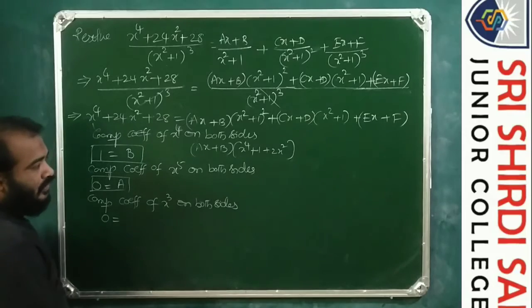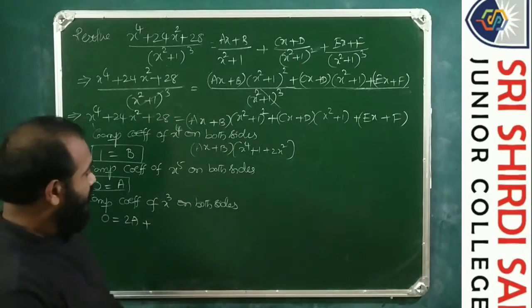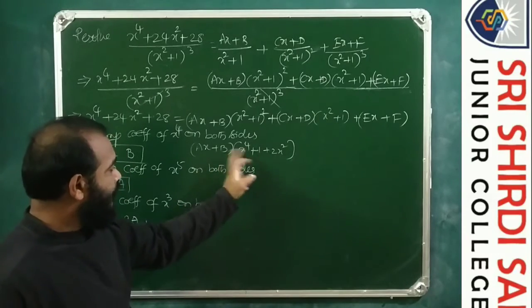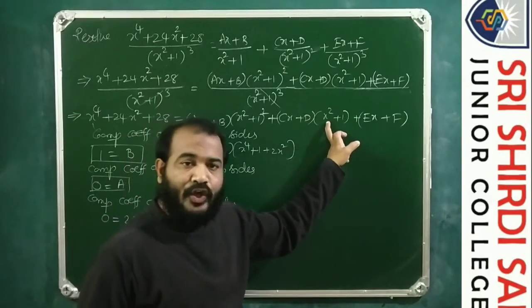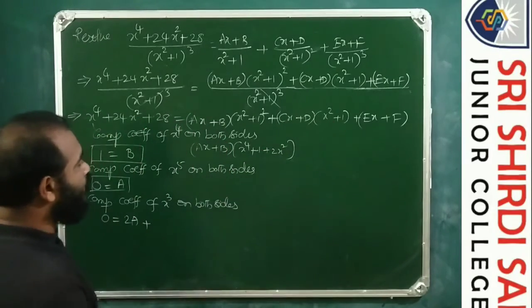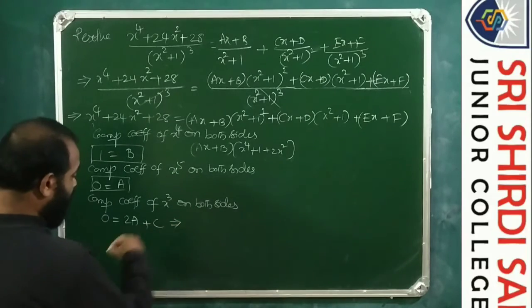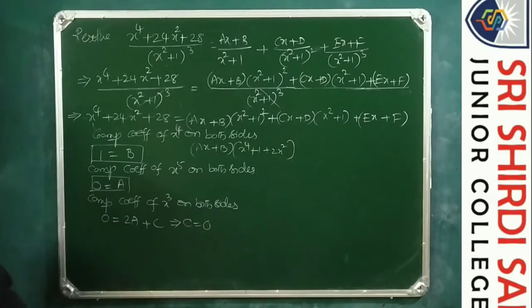The x cube coefficient is 2a plus, this is b into x power 4, b into 1, b into 2x square. cx into x square is cx cube. So the x cube coefficient is c. From this, c is equal to 0, because 2a is 2 into 0, 0, so c is equal to 0.